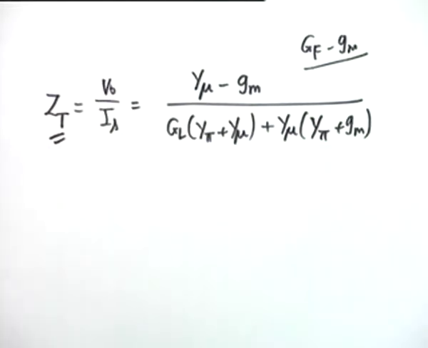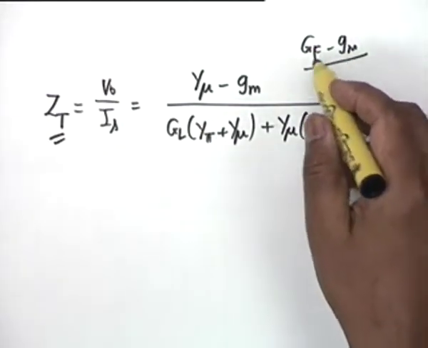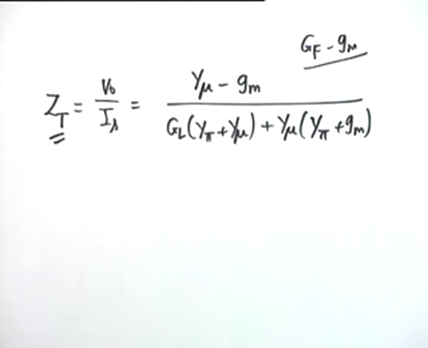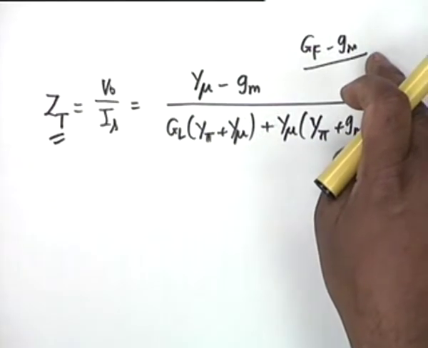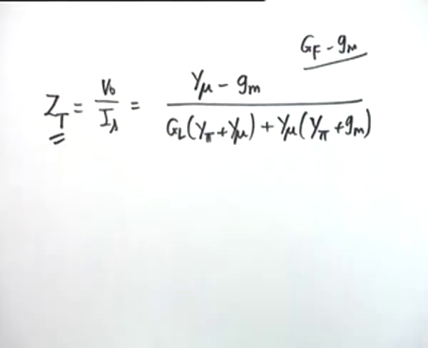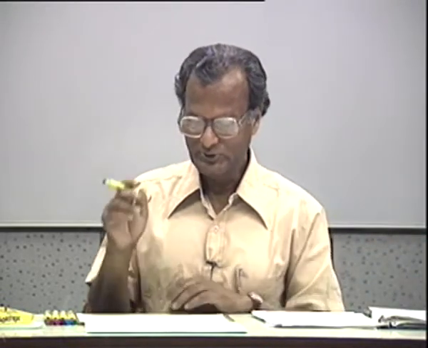Which would be greater usually? GM would be greater, and therefore the 0 will be on the positive or negative? Why is GM greater? Because RF is usually a large resistance. This feedback resistance usually is a large resistance, so GF would be small compared to GM, and therefore the 0 shall be on the positive real axis. Is that clear? I thought I had made a mistake in my calculations, but no, I have not made a mistake.